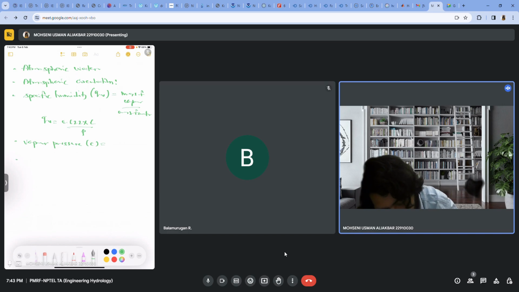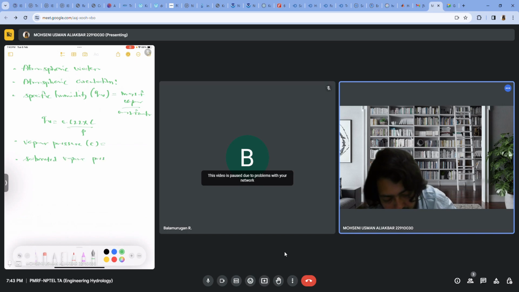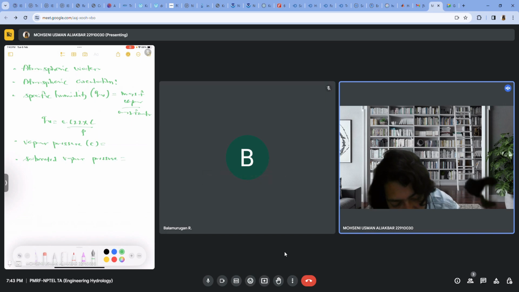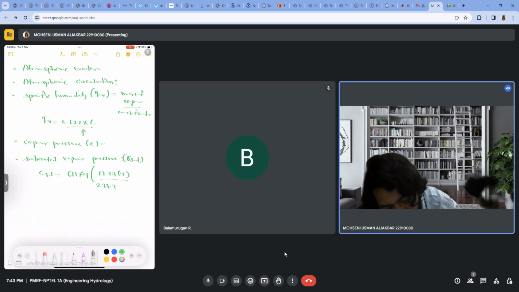Then we talked about saturated vapor pressure. What is saturated vapor pressure? It is nothing but the maximum amount of moisture that can be held. It is denoted by E sat, and we know there is a big equation to calculate E sat, which is 611 into exponential of 17.27 t upon 237.3 plus t.